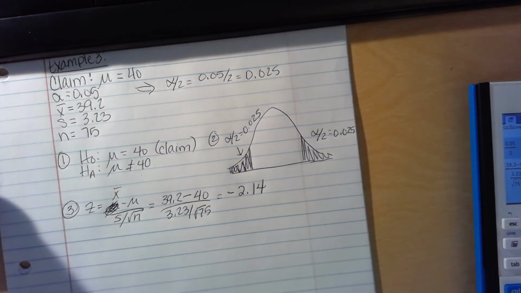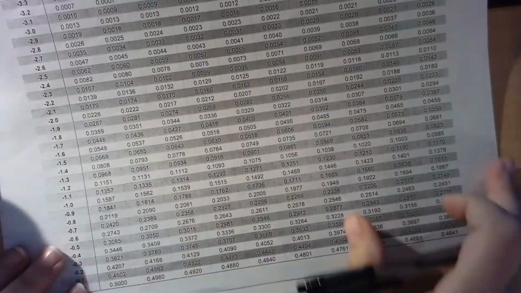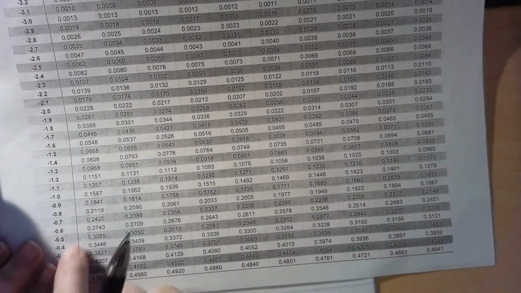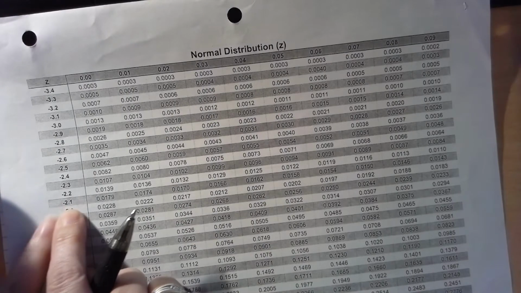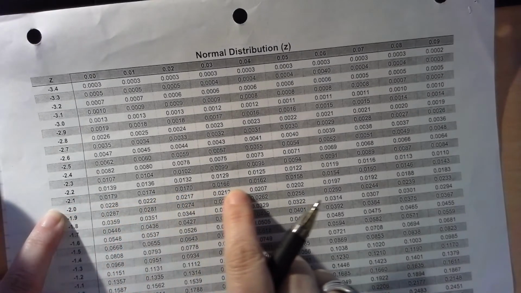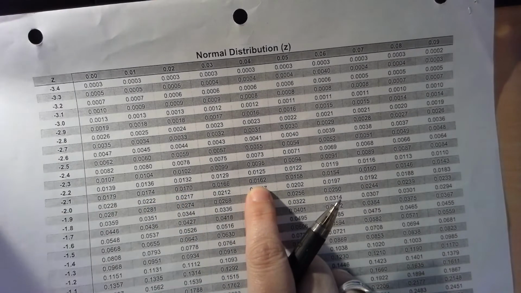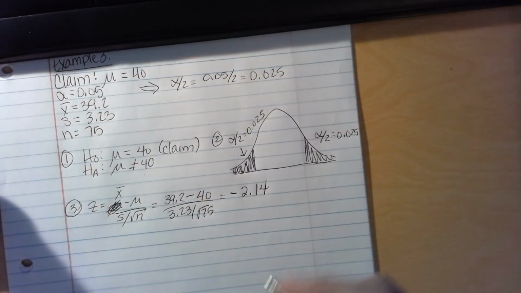So now we pull out our handy dandy chart. Negative 2.14 is going to be our checking spot. So negative 2.1, and then we go over to 4 and we get 0.0162.